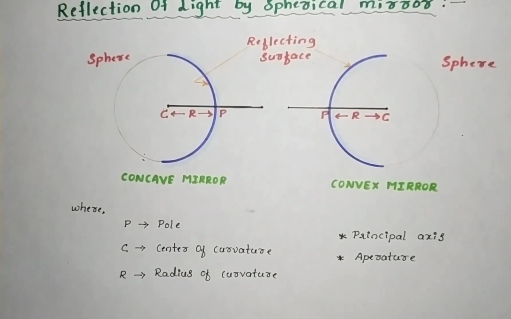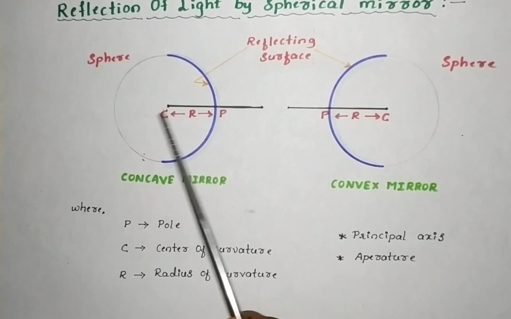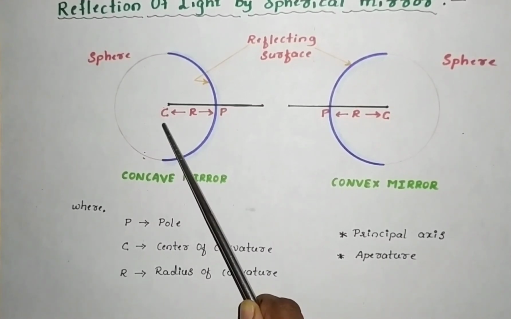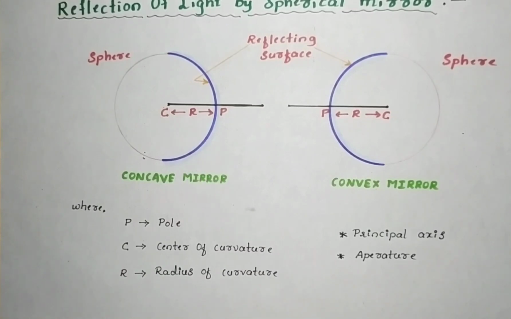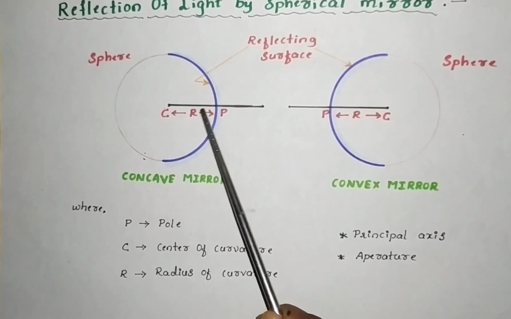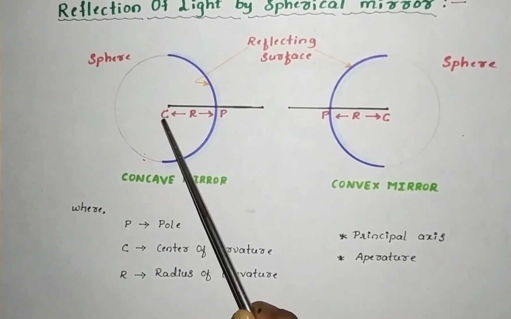Then the third point is radius of curvature. Yes, it is very easy to define radius of curvature using the diagram. R is between C and P. P indicates pole, C indicates center of curvature. How to define radius of curvature?